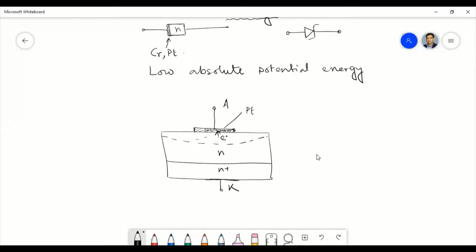Therefore it has a very fast recovery time. But the problem is that, as it has a very thin depletion region or space charge region, the peak inverse voltage is very low.